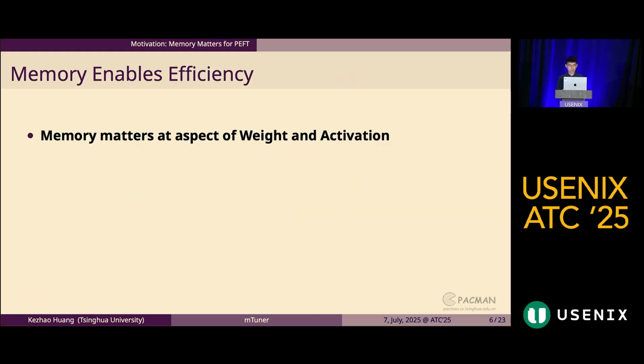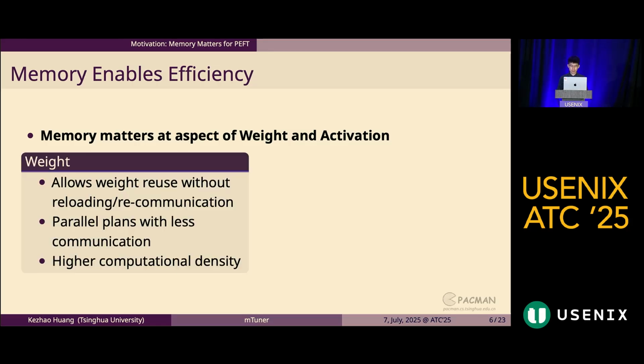With this basic idea of PEFT, let's look at why memory is still a critical bottleneck. Memory plays a key role in enabling training efficiency, and it is about both weights and activations. The first is about weights. If we have enough memory to keep weights resident in GPU, we can reuse them across forward passes or backward passes without constant reloading or communicating them across devices.